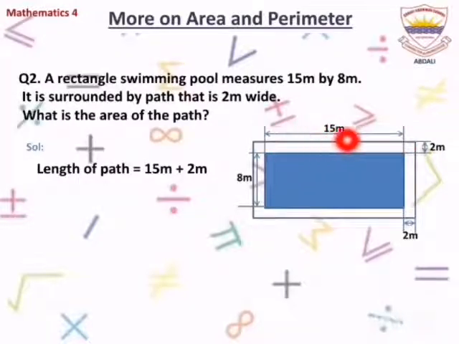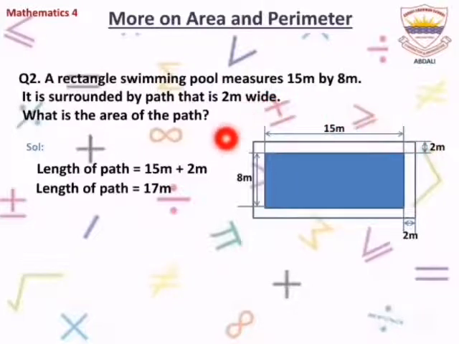Add this length with the 2 meter wide path on each side. When we add 15 meters with 2, we get the length of the path, 17 meters.